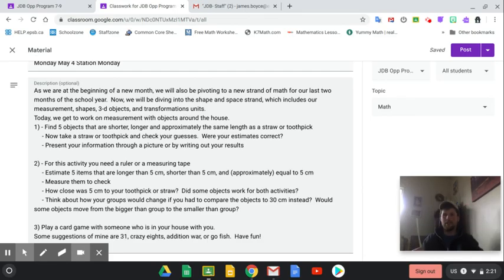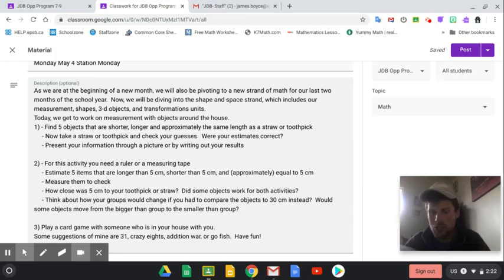Now, activity 2. It's very, very similar. You're going to once again estimate objects that are shorter, longer, and the same length as a certain size. Now, in this case, I would like you to use the size of 5 centimeters. Now, I have a ruler here.